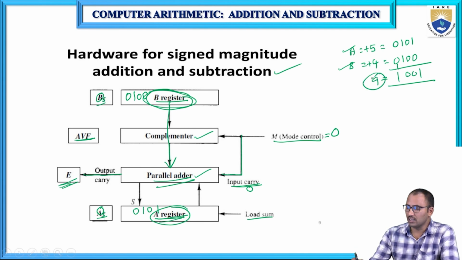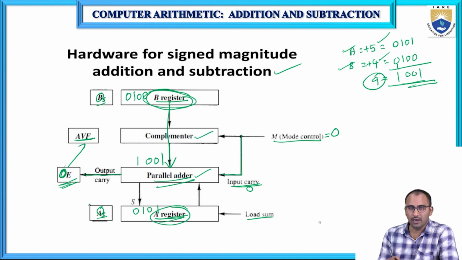So when you add 5 with 4, you get 9. We didn't get any carry because no carry is generated. So in the extended flip-flop we will store 0, and the parallel output will be 1001. Whenever the operation is completed, the value stored in the extended flip-flop will be moved to the adder overflow. So this is for addition.